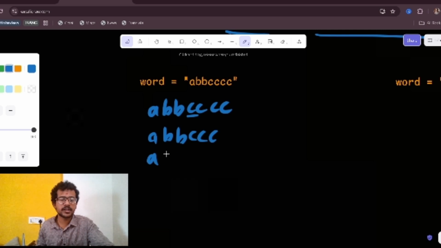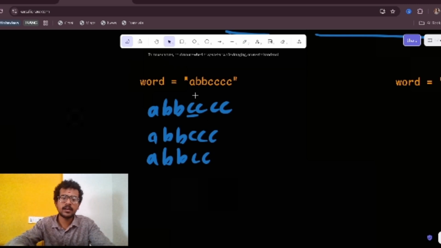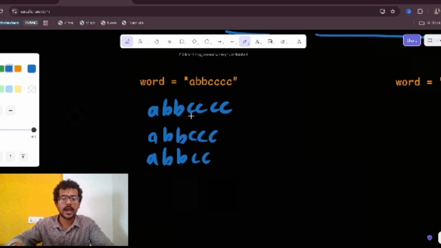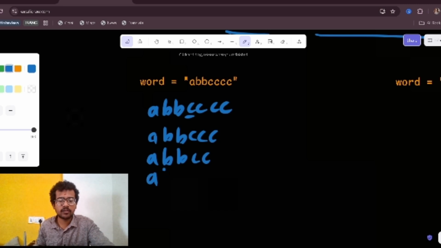Then the string will be A double B double C. Now I might even consider that C should have been typed 1 time, but it is typed 2 times. Now the string will be A double B C.